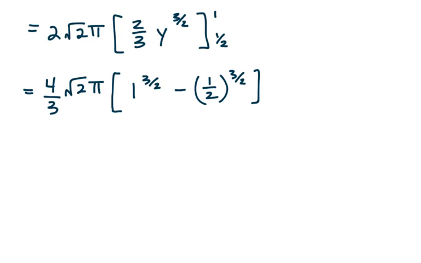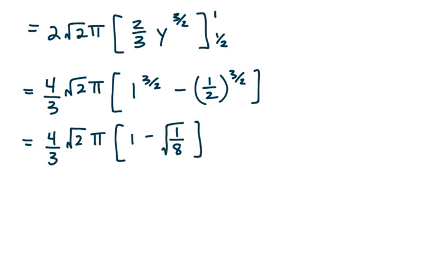And if we think about 1/2 to the 3/2, well, that would be the same as cubing 1/2, which is 1/8, and then we have the square root of that. So we need to figure out how to rationalize that.